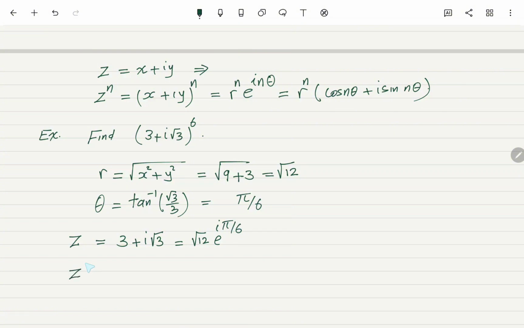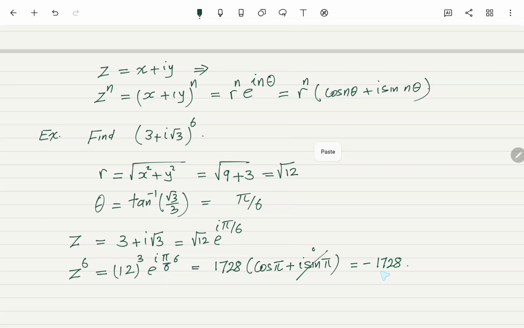But z to the power 6 equals 12 to the power 3 e to i pi over 6 times 6, which equals 1728 (cosine pi plus i sine pi), which equals, this part here is 0, and this one here is minus 1, so minus 1728.